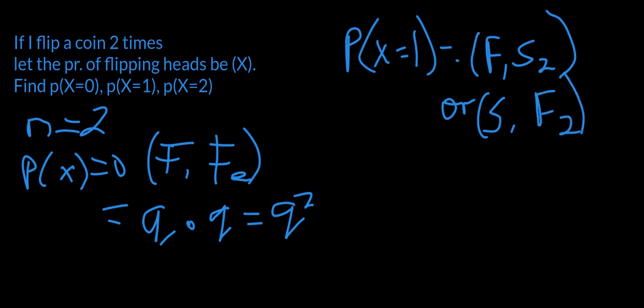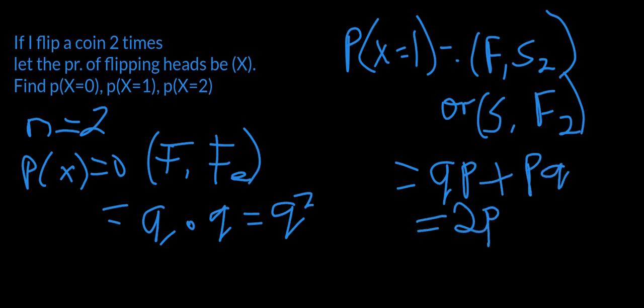We know that we can set our failure to be q and our success to be p. So now this is the probability of flipping one head after flipping a coin twice.